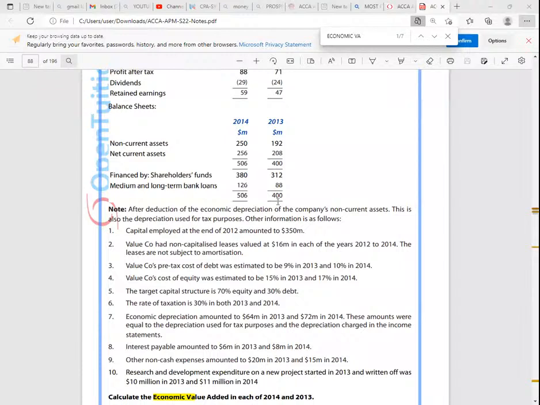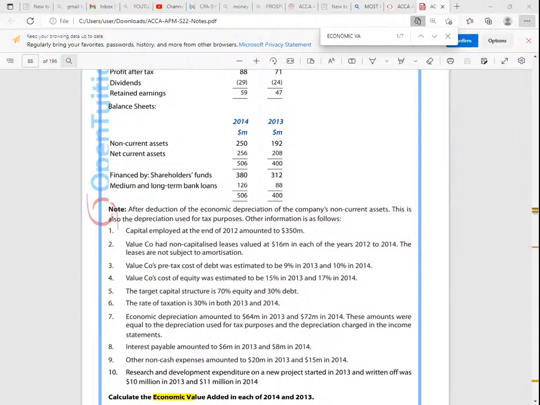These are the capital employed, because this is total assets less current liabilities. So when they talk of net current assets, already they have subtracted the current liability. So whatever we have here is the capital employed, but now at the end of the years. And you want capital employed at the beginning of these years.